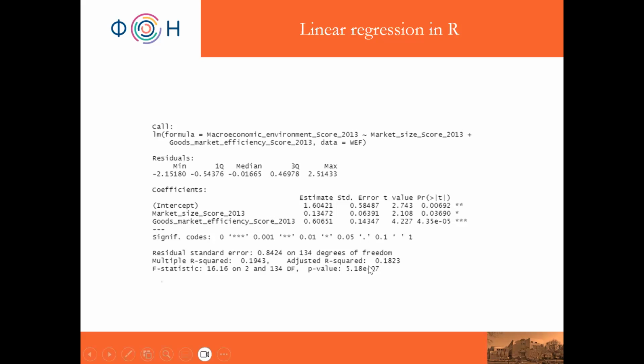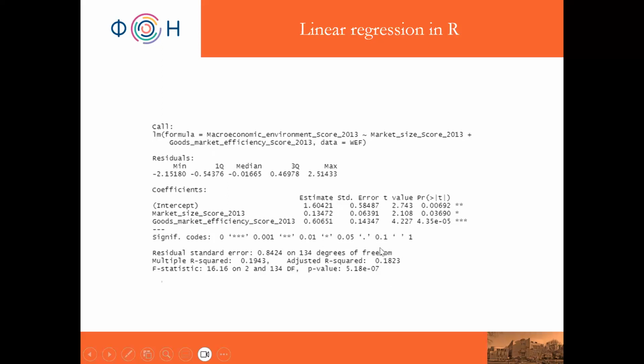For example, here, our R-squared is 0.182. This indicates that 18.2% of the variability of the macroeconomic environment score is explained by market size score and goods market efficiency score.